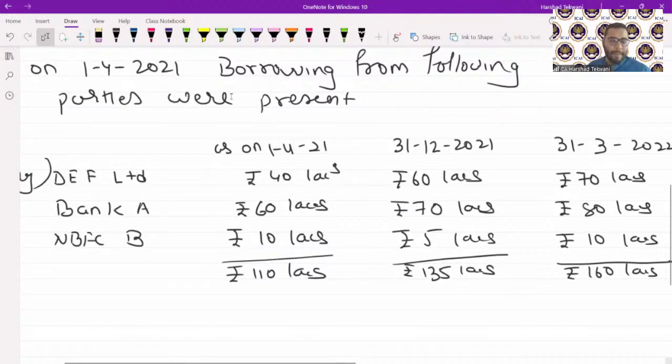In the revised example, CARO 2020 will be applicable or not? Come on, guys. Pretty simple. CARO 2020 will be applicable or not?